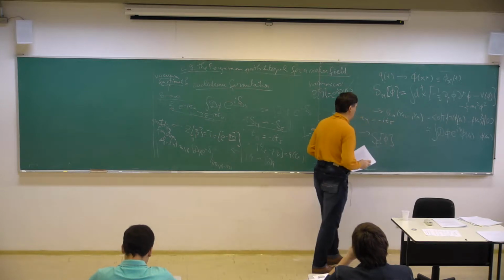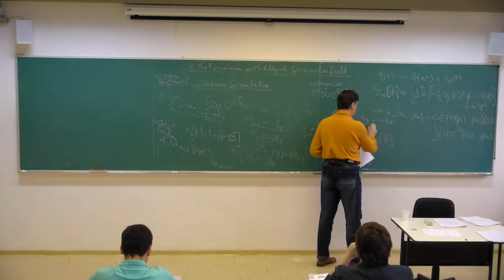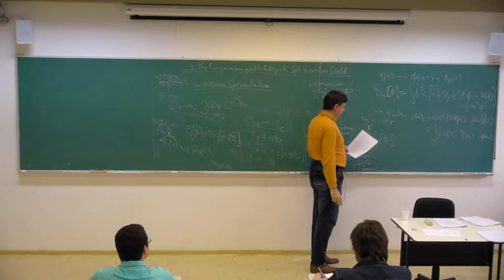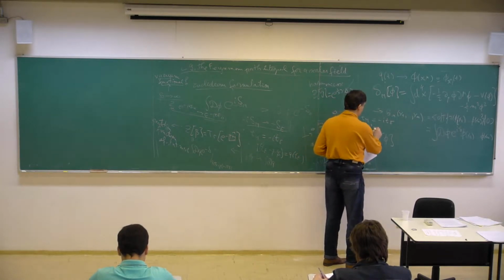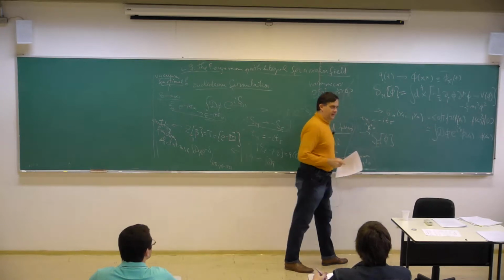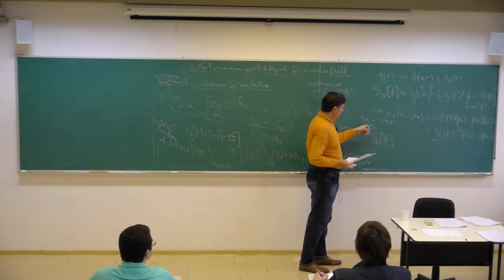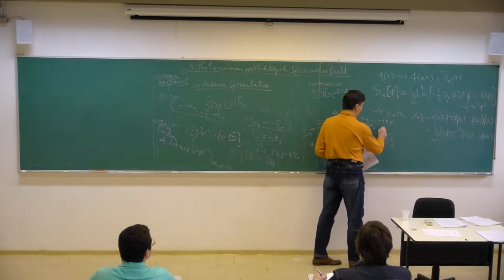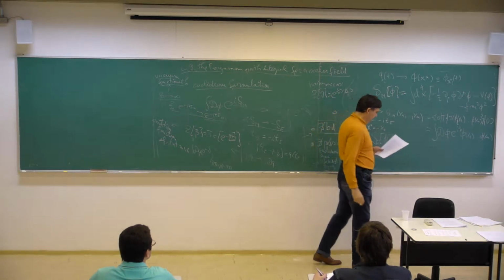And I will write this, the standard notation, t Minkowski is x with an index 0 up, and remember that to lower and raise the index 0 I multiply with the metric, which is minus 1 in this case, so this is minus x0 down.